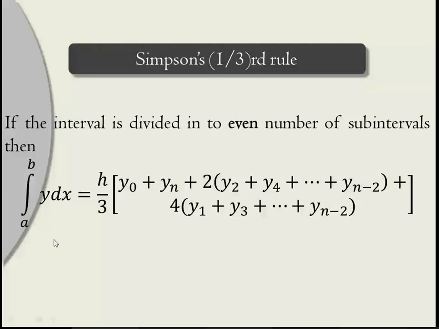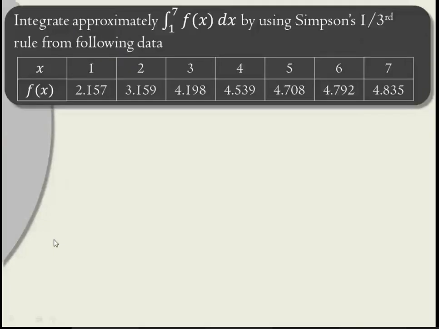So consider the first problem. Integrate approximately the integral from 1 to 7 of f of x dx by using Simpson's one-third rule for the following data. Values of x are 1, 2, 3, 4, 5, 6, and 7.